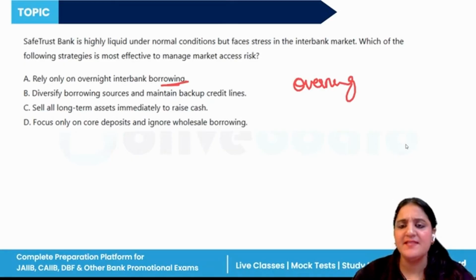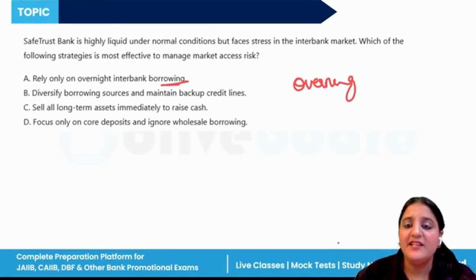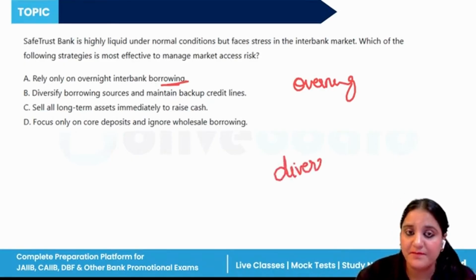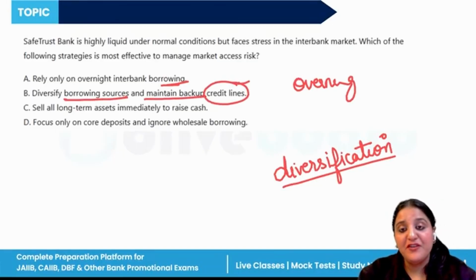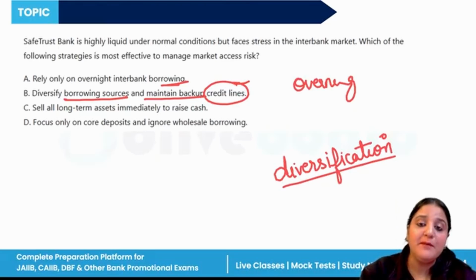So the best practice is one and only diversification. Diversify the borrowing sources and maintain backup credit lines. Diversification using multiple funding sources and backup facilities ensures liquidity even if some channels dry up. So, which option is correct here? Option B is correct here.